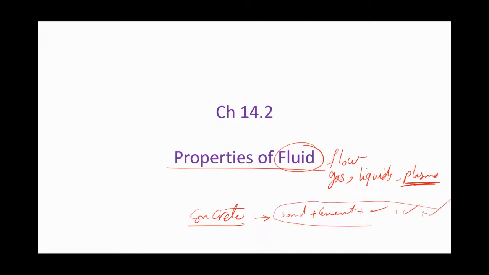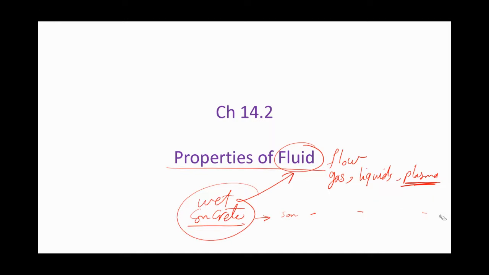If it is wet concrete, it behaves like a fluid. Although it has sand, which is a solid, and cement and granules, overall it flows as a fluid. So it depends on whether it can flow or not.